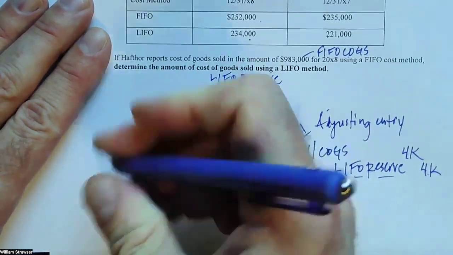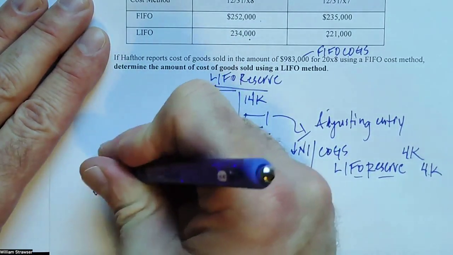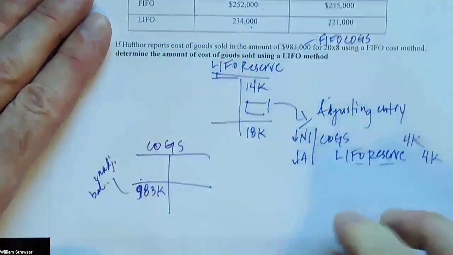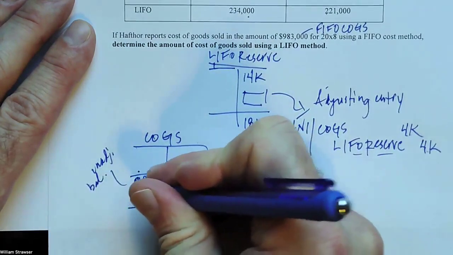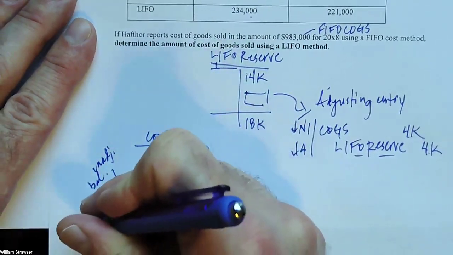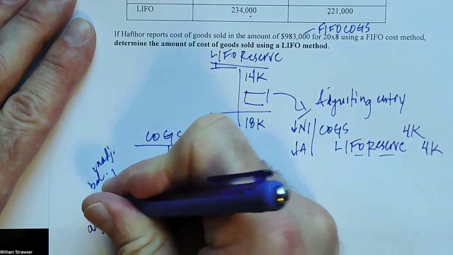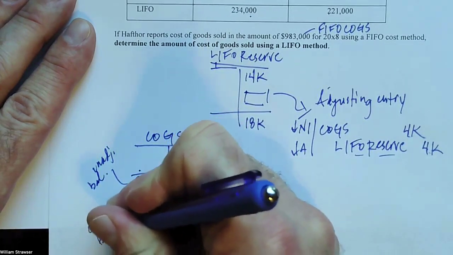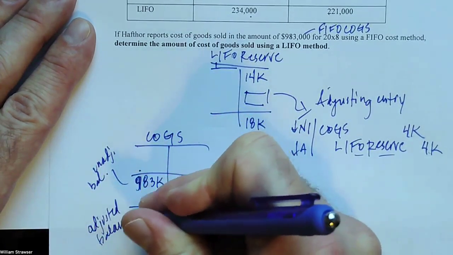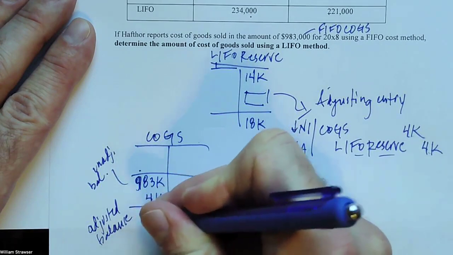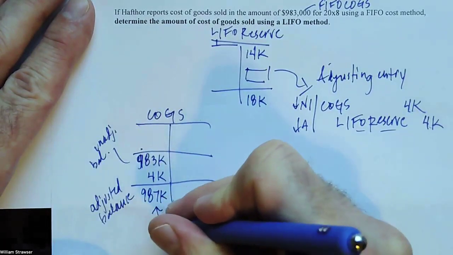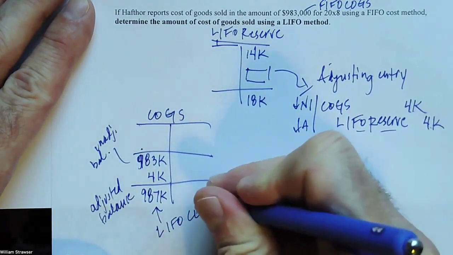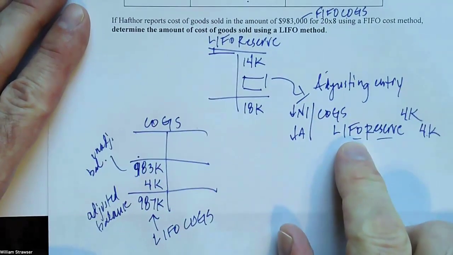This is its unadjusted balance. And then we have this entry as an adjusting entry, adding 4,000. And so its adjusted balance is what would appear on the income statement, now properly at LIFO COGS, because we performed the LIFO reserve adjustment.